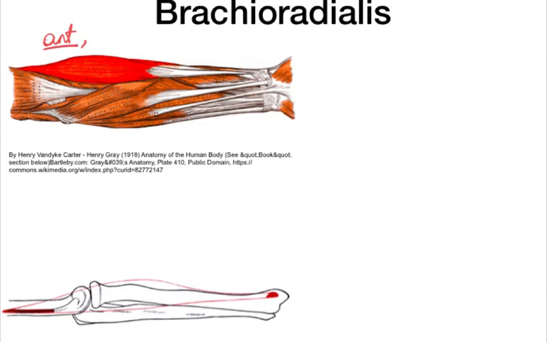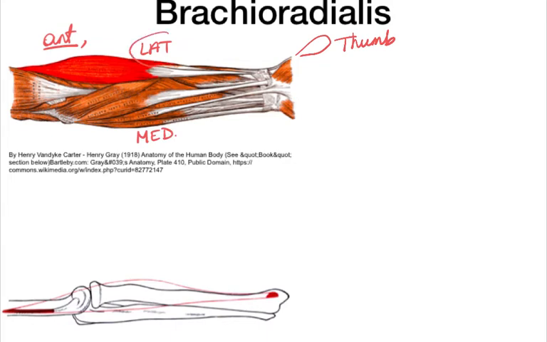And secondly, since this is your brachioradialis and it inserts into the radial bone somewhere, we'll discuss where exactly in just a moment, then you know that the thumb must be over here, right? And that means that this is going to be the lateral side, and this is going to be the medial side of the arm.